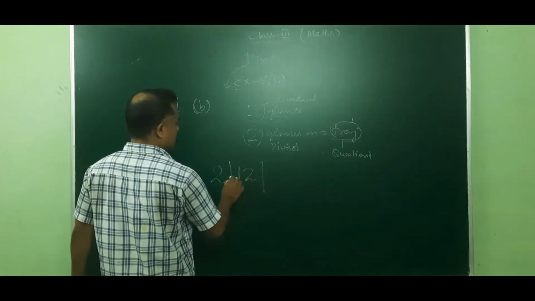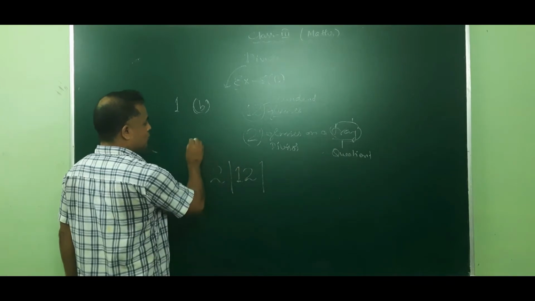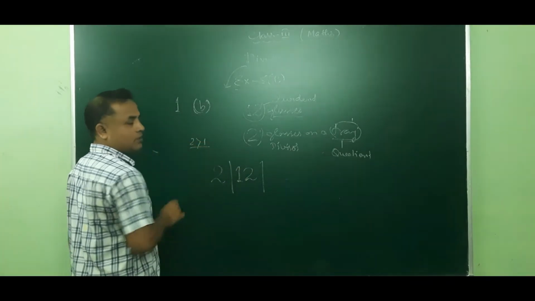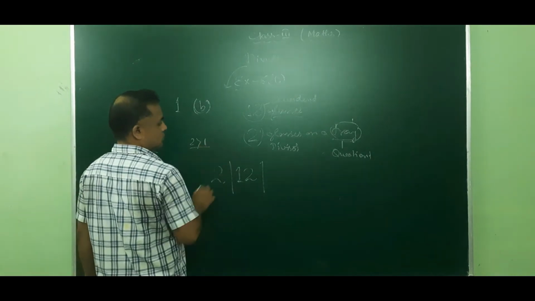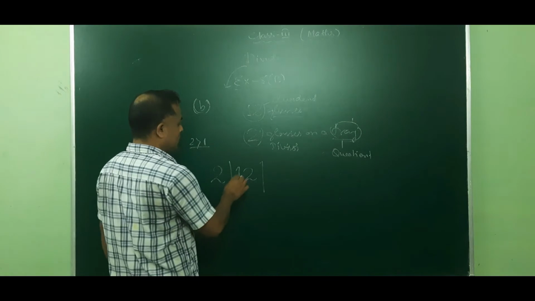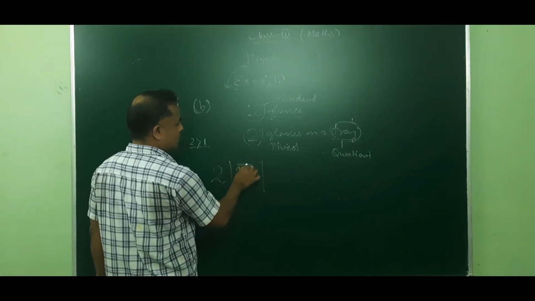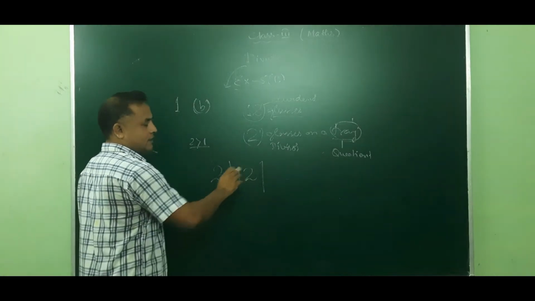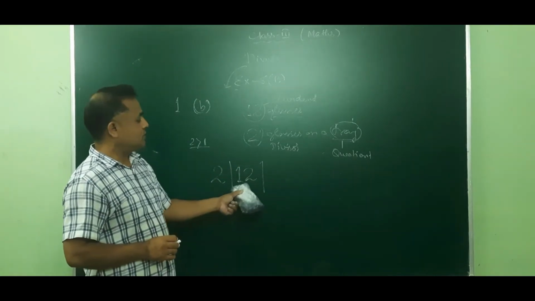Let's see. 2 to this 1. 2 is greater than 1, so you cannot divide. So nothing goes, so we can put 0 also. If you do not put 0, it's also okay. Then I'll take this one again and combine it on the right-hand side, so it becomes 2 digits, 12.